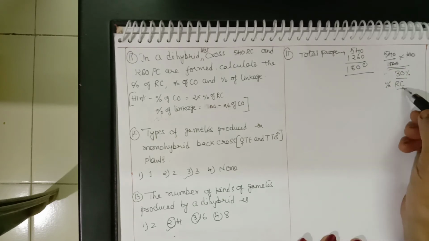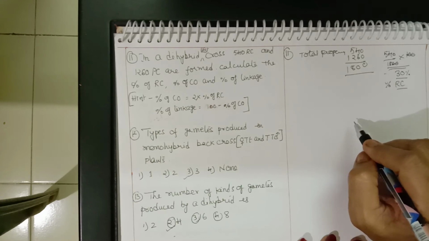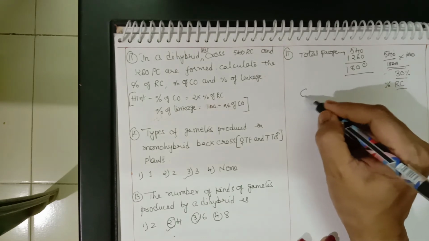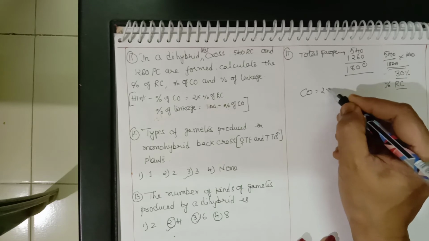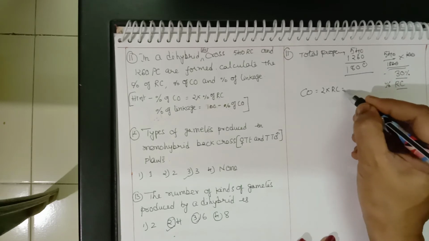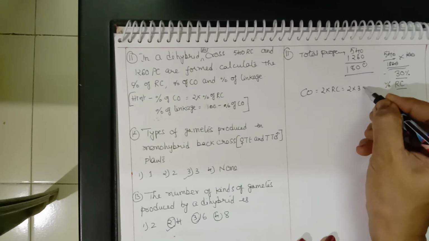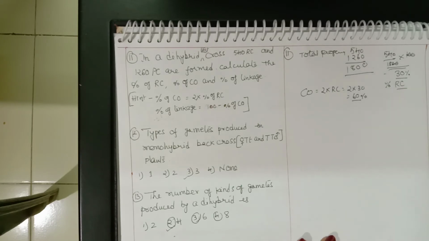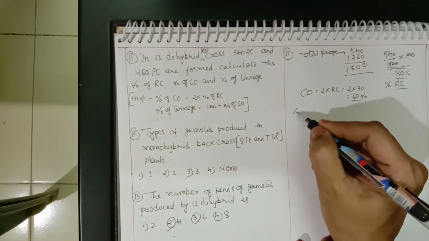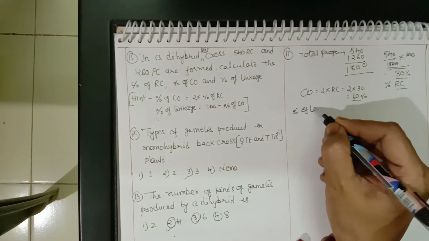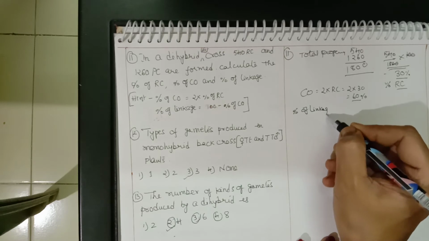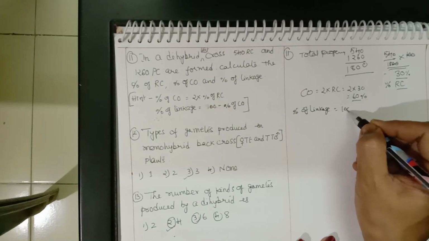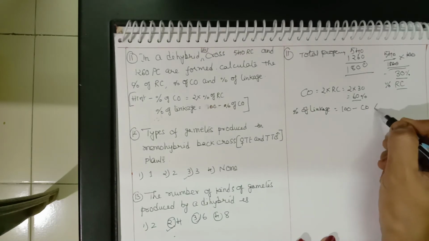So percent of recombination we got is 30%. Crossing over percentage is 2 into recombination percentage, so it will be 2 into 30, that will be 60. 60% is the percent of crossing over. Percent of linkage is equal to 100 minus crossing over percentage.